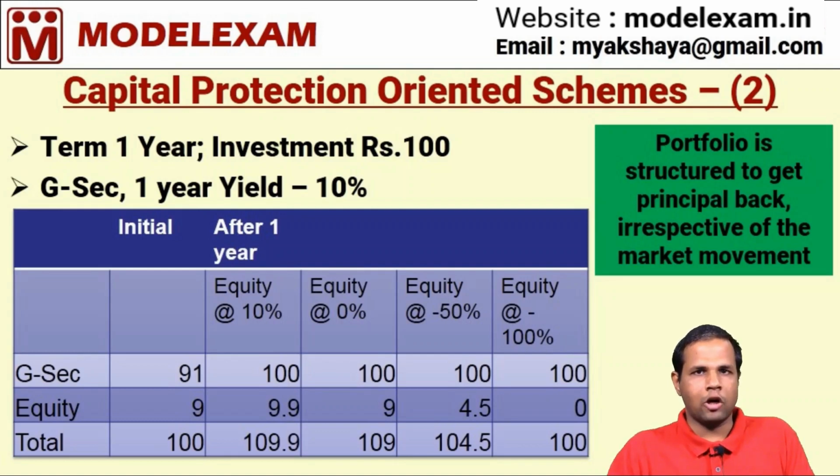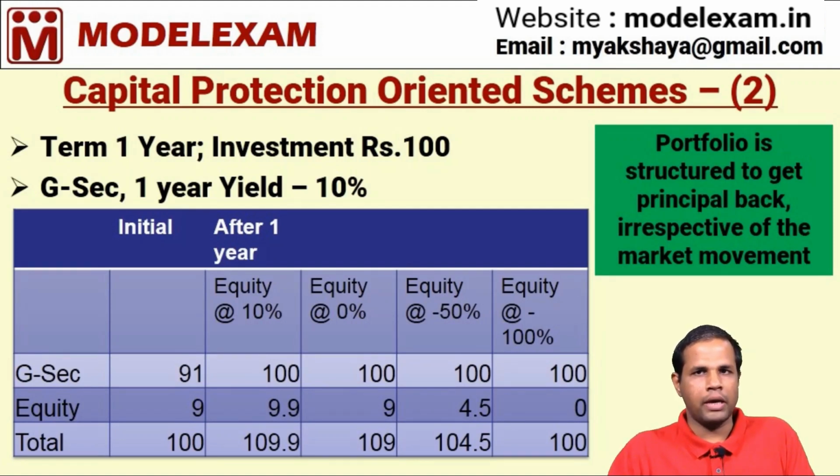Suppose the equity component gives only 0% return, and again the government security will give you 100 after 1 year, whereas equity will remain the same, that is rupees 9. So the total maturity shall be rupees 109. Suppose we assume equity to deliver minus 50% return.